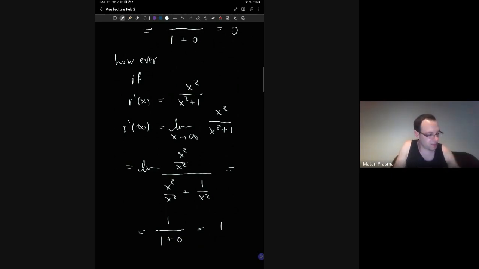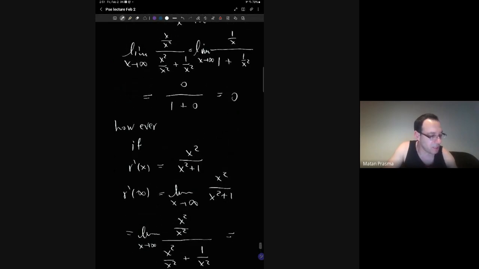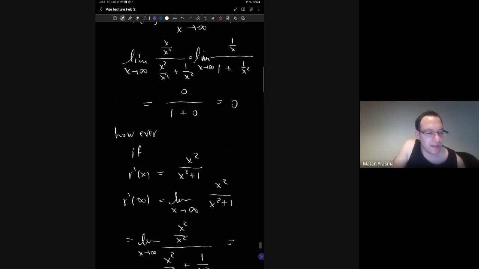And what I want you to take from these two examples is that we don't need the whole theory of calculus for limits and all that for all functions, like sine and cosine and natural logarithm and stuff like this. We only care about polynomials, and for polynomials, you have a very simple rule.